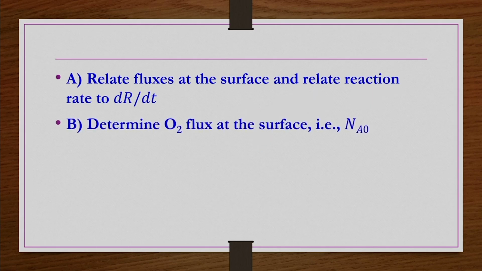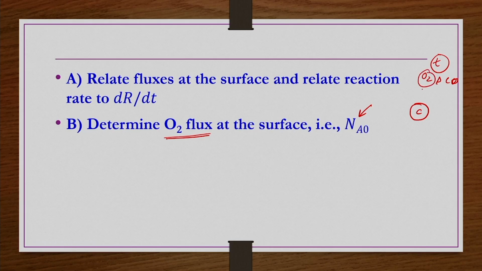So, what is the next part of the problem? Determine the O2 flux at the surface, that is N A naught. Why O2? Because the carbon particle is stationary, right. The bulk has O2 and CO in general, because both of them are present at any time t. I am not saying initially, but at some time where the reaction has already progressed, because we have to relate all these quantities to time t.